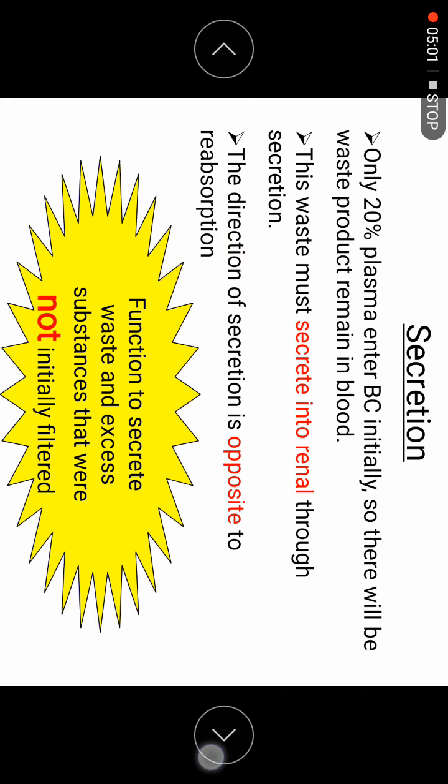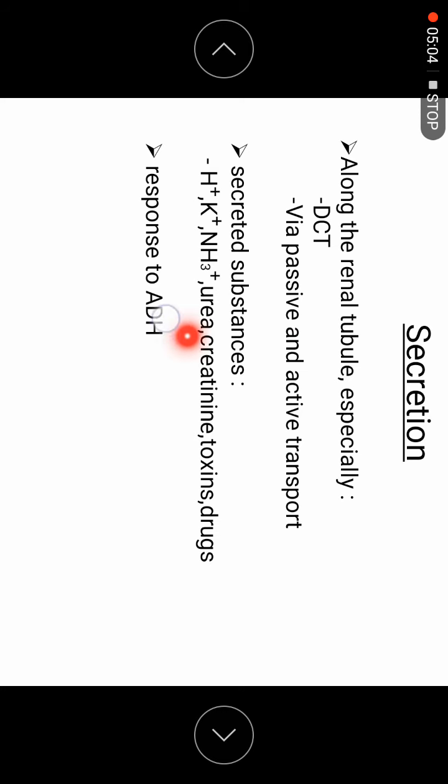Secretion will involve ADH, and along the tubule, especially at the distal tubule, DCT, there will be passive and active transport to remove the waste product. The secreted substances are the ones from the blood that did not go into the Bowman capsule.